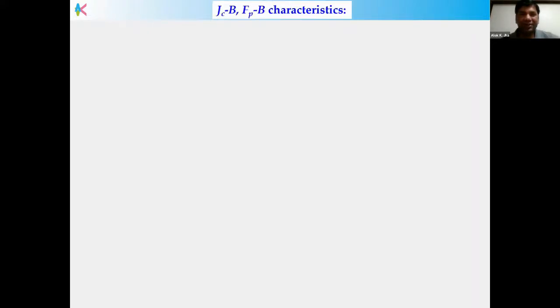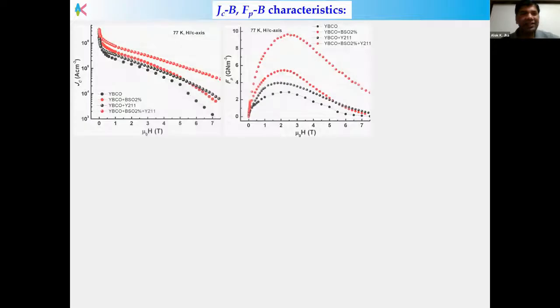So how do these affect the in-field critical current density? We see in this result. The red symbol corresponds to the YBCO plus BSO sample, meaning only the nanocolumn sample. And this one corresponds to the only nanoparticle sample.